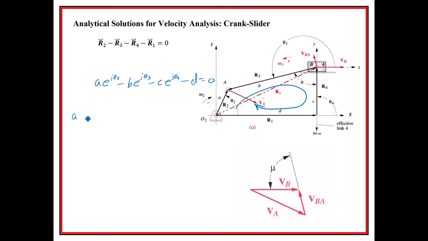We end up with a omega 2 j e to the j theta 2 minus b omega 3 j e to the j theta 3, and then this guy right here doesn't change, so he goes away, and then it's minus d right here, because this guy gets longer and shorter.